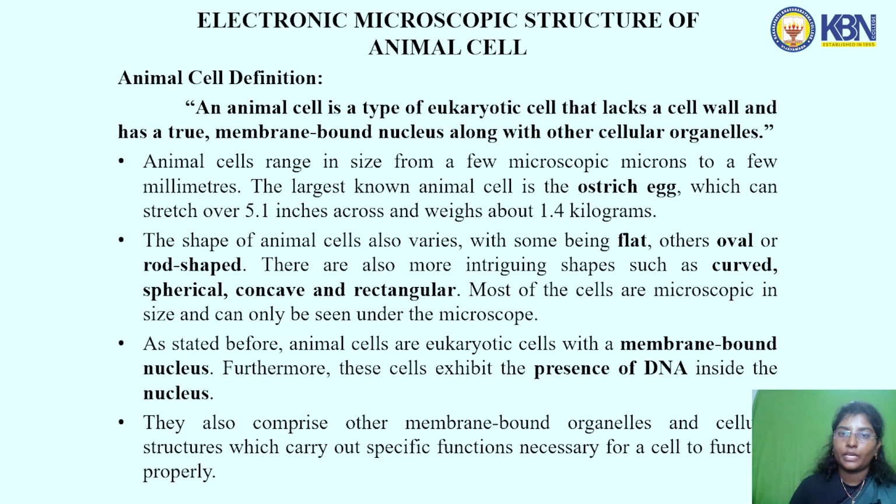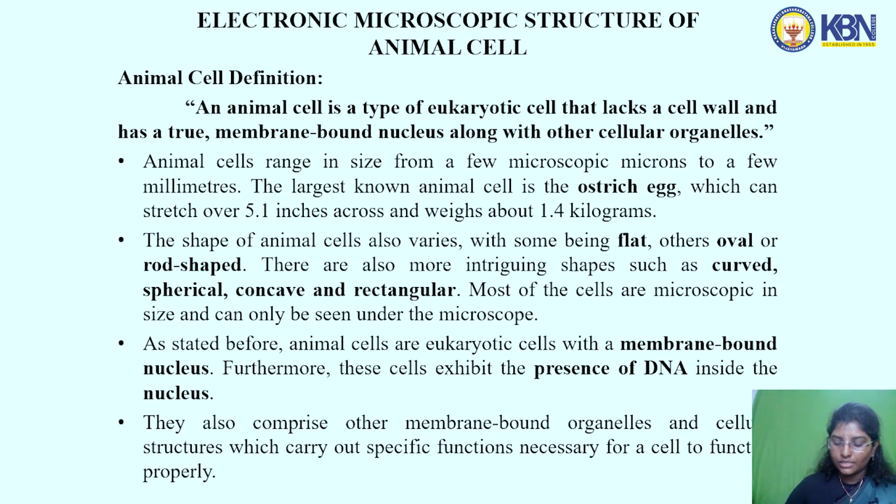Next, the electron microscopic structure of the animal cell. The animal cell is a type of eukaryotic cell which lacks a cell wall and has a membrane-bound nucleus along with other cell organelles. Animal cells range from a few microns to a few millimeters.